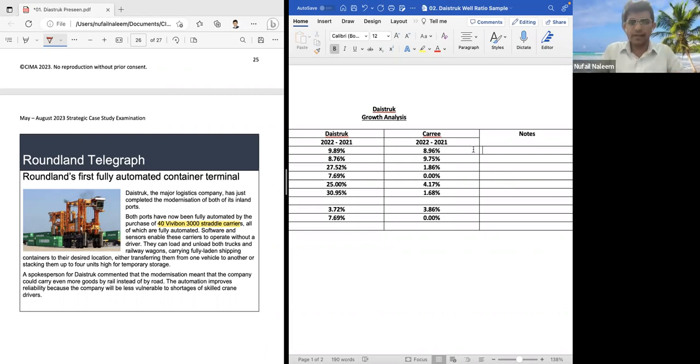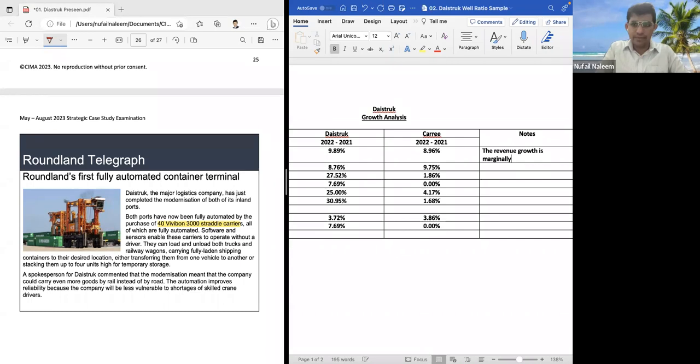So I'll write down here. The revenue growth is marginally higher than, I can say, Carry.